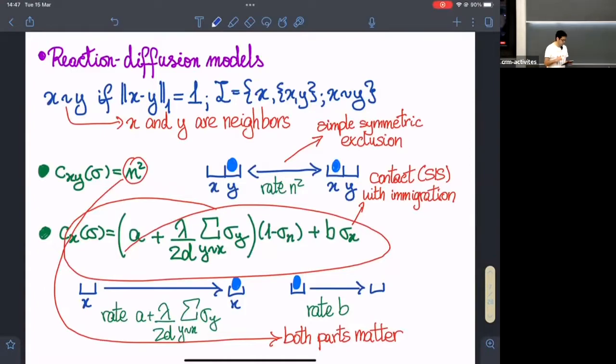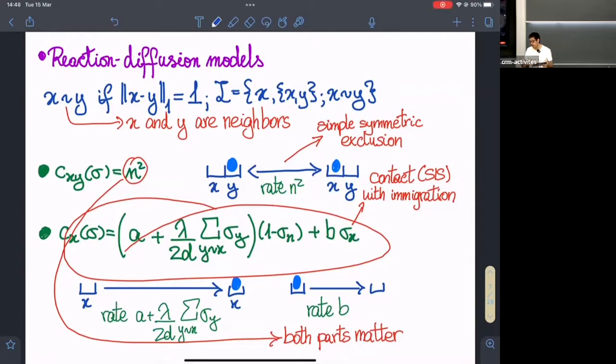First, I'm going to declare two sites on my lattice to be neighbors if they are at distance 1, for example, in the L1 norm, the usual sense of neighbors on the integer lattice. And now my set of allowed transformations is going to include only couples which are neighbors.